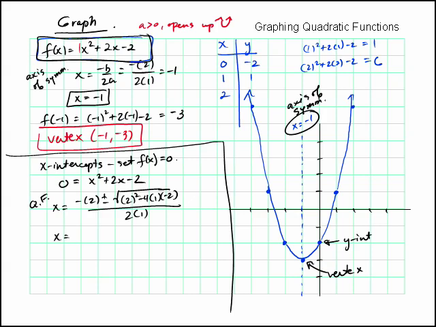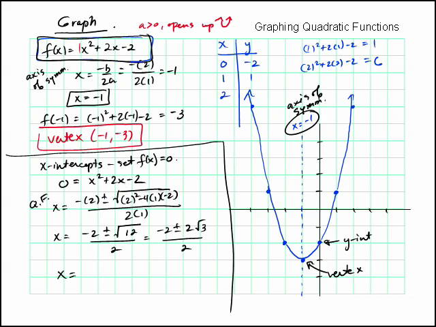Okay, quadratic formula. Now, if I simplify this correctly, I get negative 2 plus or minus the square root of 12 over 2. And that's negative 2 plus or minus 2 square root 3 over 2, simplifying the radical there.